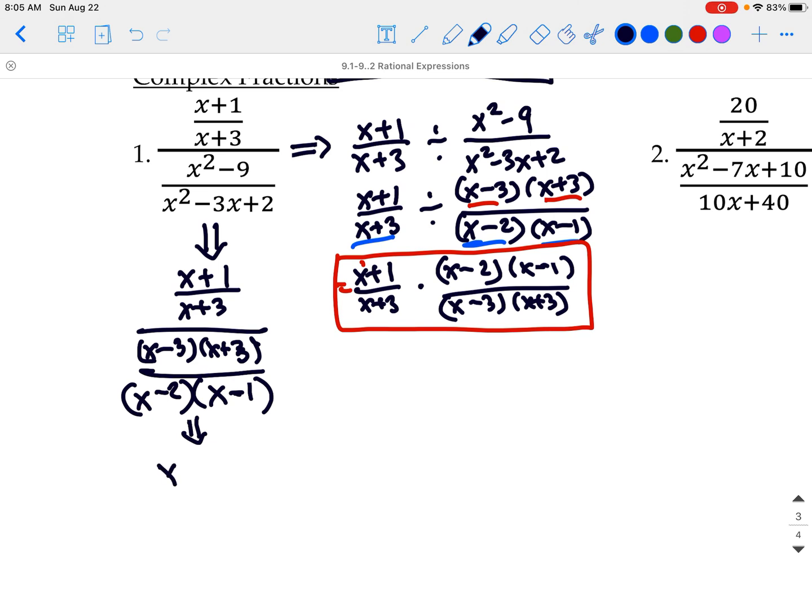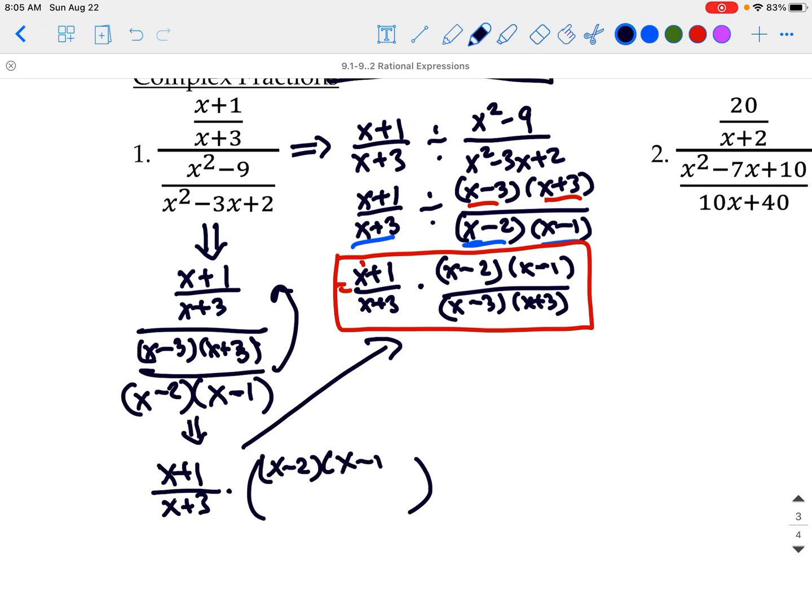Let's double check that with our rational expression. So we'll have x plus 1 over x plus 3, and then I'm going to write this as times, and then just reciprocate. So again, we'll just kind of do the same thing we did on the right-hand side, and so you would just reciprocate that whole expression and make it into a multiplication. And what we'll see is nothing cancels.